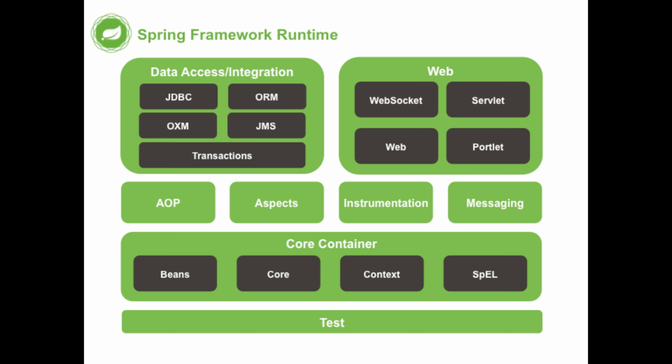Spring aimed to simplify enterprise level Java development by providing a lightweight alternative to EJBs and in some aspects J2EE as well. One of the core features that Spring introduced was inversion of control, we call that IOC in short form.